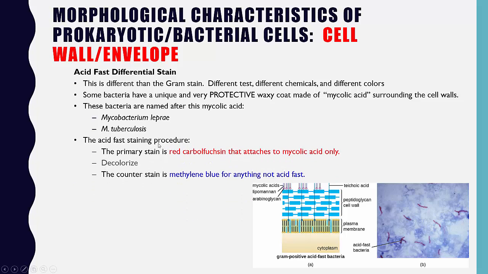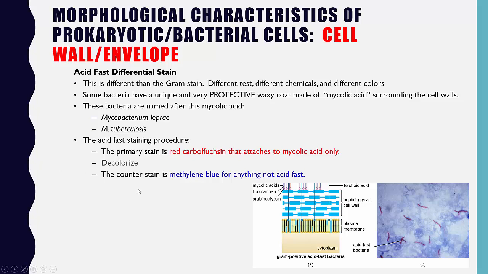Again, this is a different procedure. The acid-fast staining procedure starts off with a chemical that attaches strongly to mycolic acid. It is a red carbolfuchsin. So you add the red color and it will attach to pretty much everything, but then you decolorize. Anything that isn't acid fast turns clear, and then you have to add a counterstain in a different color.